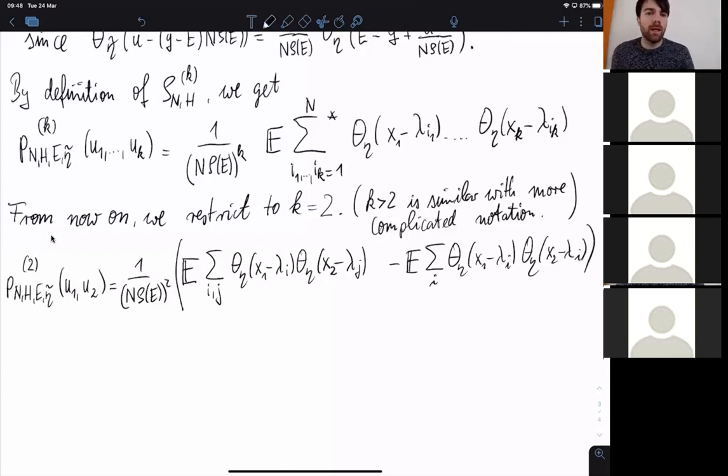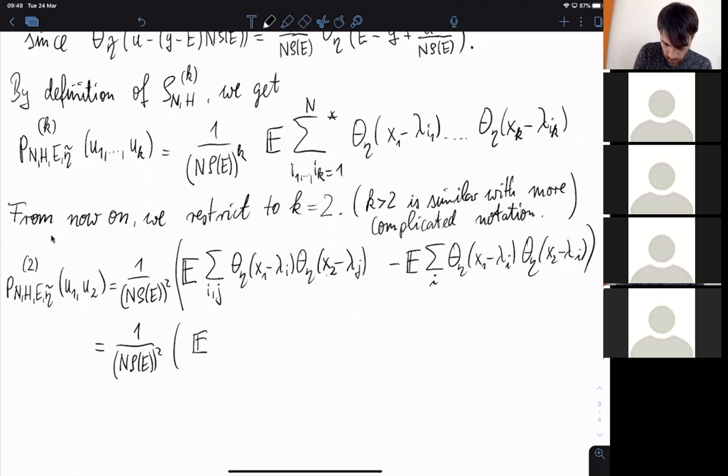Okay, and now I want to rewrite this: first I want to replace the lambdas by H, and then put the trace at the appropriate place by functional calculus, and then we will see that we can actually write it as a resolvent, or as a combination of resolvents. So there's this same factor, and then I get an expectation.